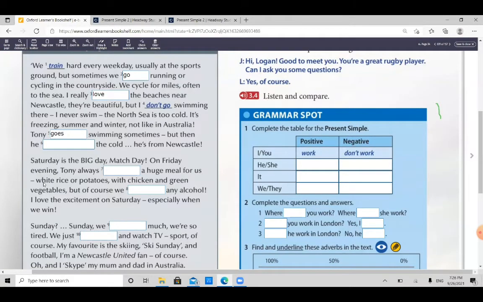He don't feel. Yes, actually doesn't. Excellent. So does not feel the cold. Why? Because he is from Newcastle. This is a very cold country. So he could bear the freezing water. So Tony goes, as you see here, we have third person singular. We added es. Why did we add es, not only s? Who can tell me?